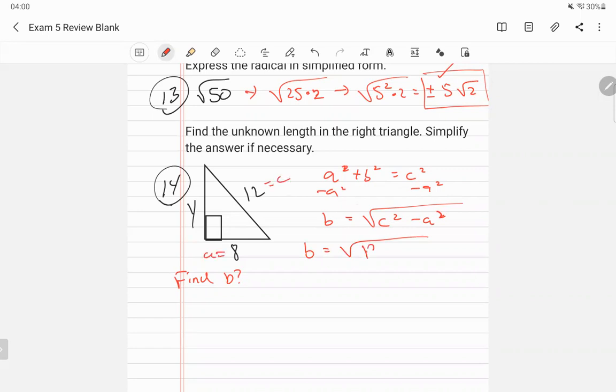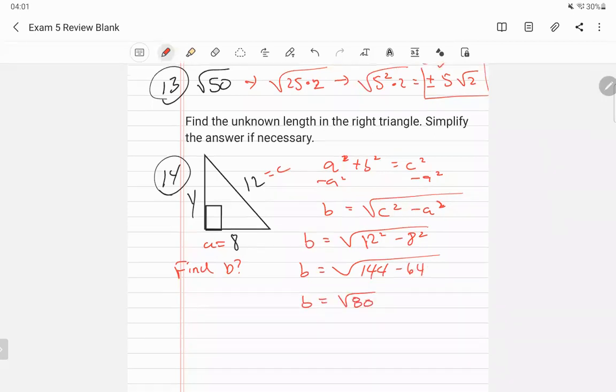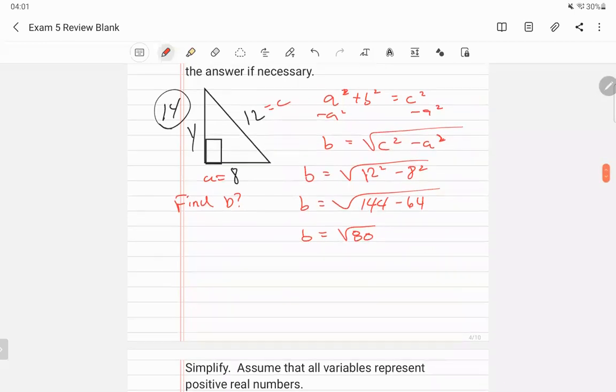So it's going to be 12 squared minus 8 squared. So b is equal to 144 minus 64. So b is equal to the square root of 80. And then we can split that into the square root of 16 times 5.